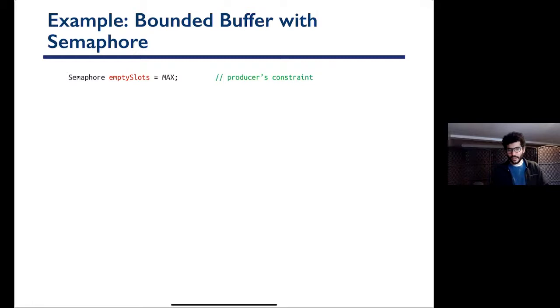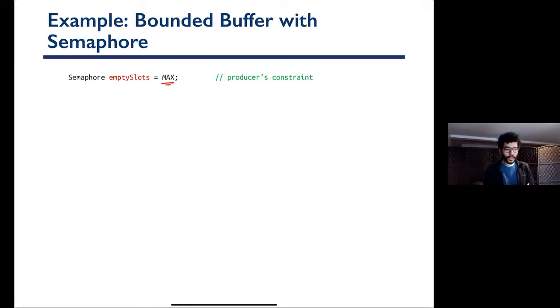Now, initially, your buffer is empty, so you can initialize your empty slot semaphore to max. So for max number of P's, all of the threads are going to be able to just go and produce, because you have the maximum number of items empty in your buffer. But when your buffer is full, empty slot becomes 0. Now the next producer who calls P is going to wait.